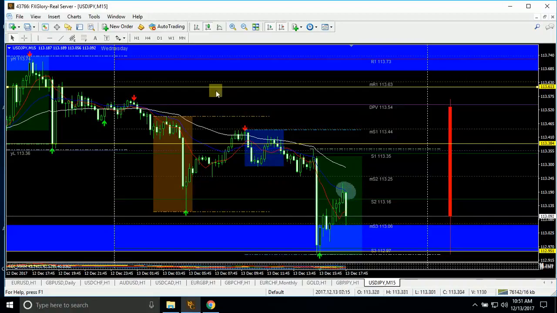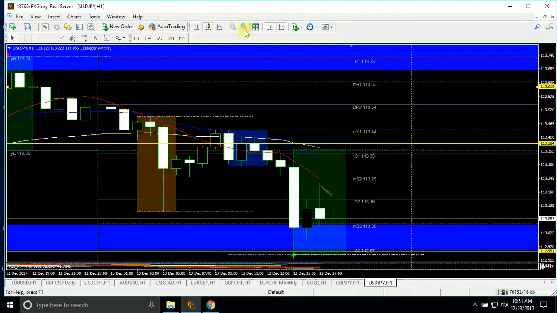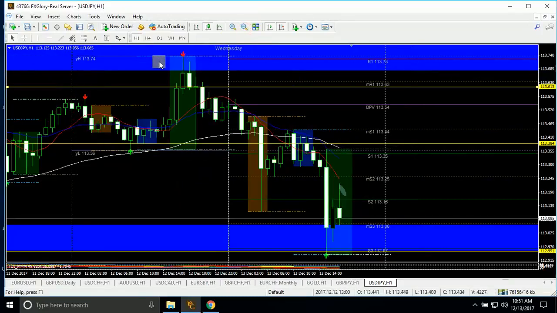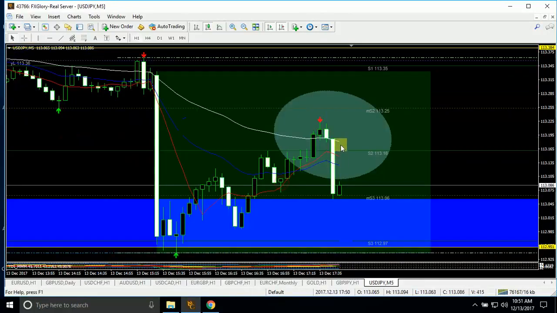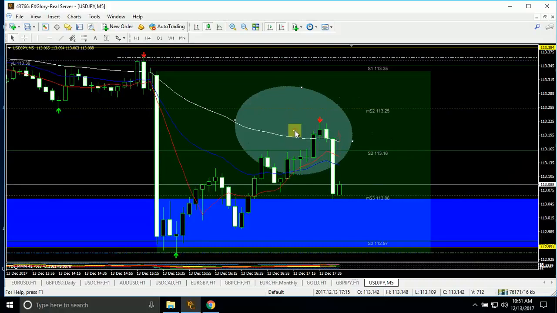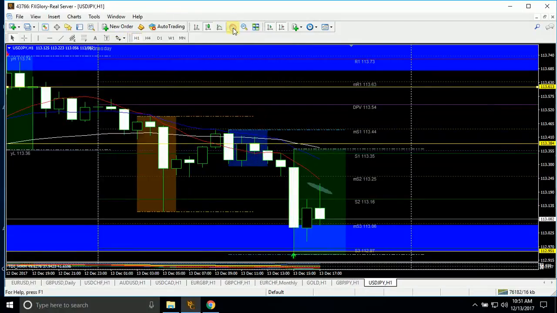In this hour, now pay attention to where that puts me. I'll do it on the 5-minute chart so it looks a little cleaner. So look at where that puts me.